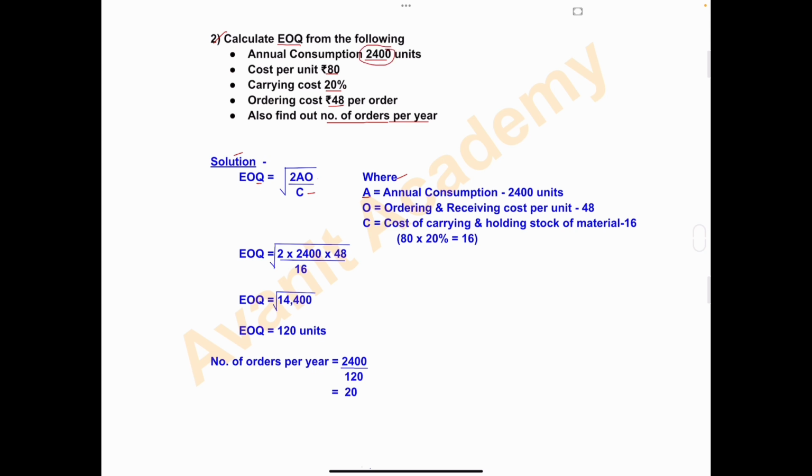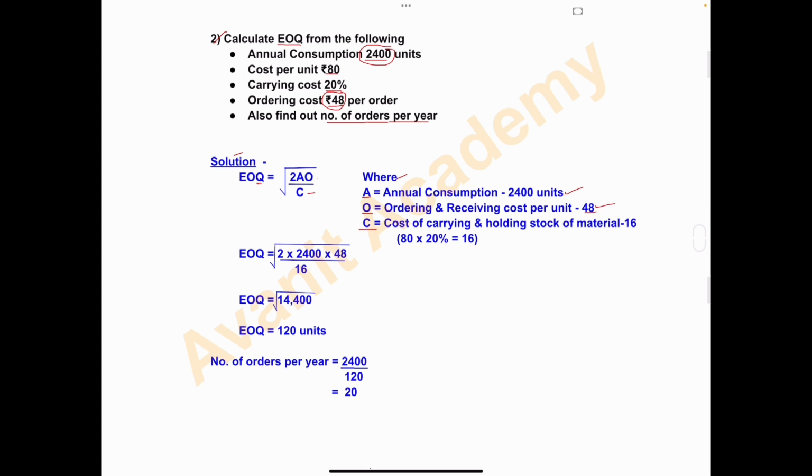Right here, A is equal to annual consumption, that is 2,400 units. O stands for ordering and receiving cost per unit. So ordering cost is, see the fourth point, ordering cost is rupees 48 per order. O is equal to 48.